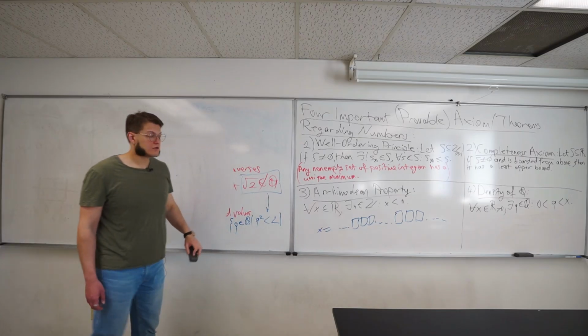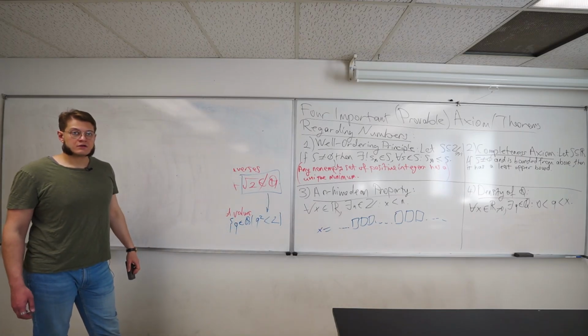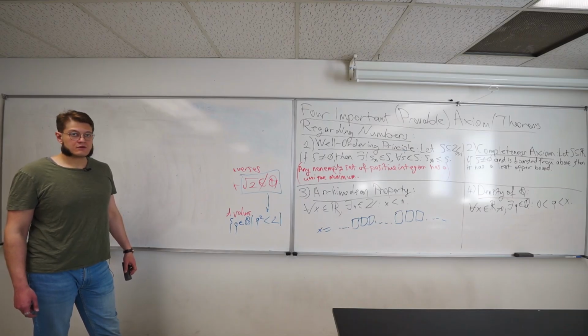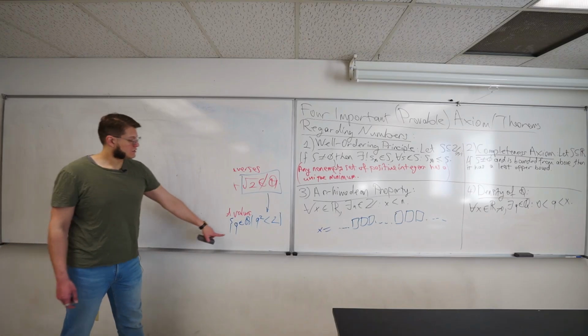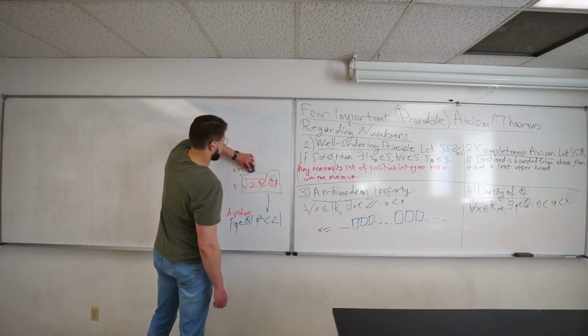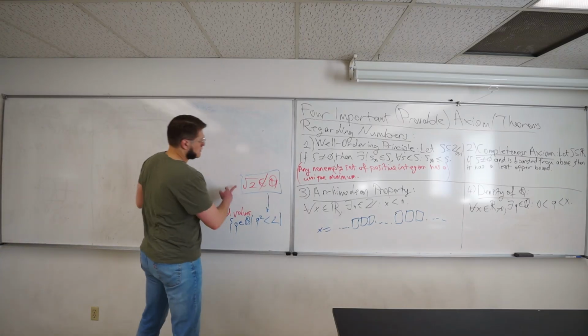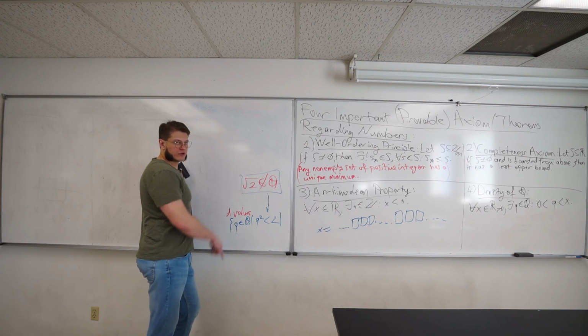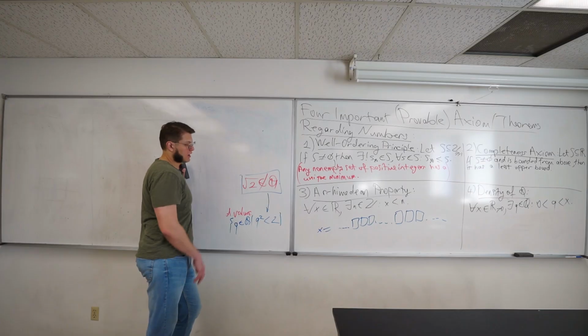Before you erase it, here, square root of 2 is not in Q. Yes. Then you point to the blue color, what do you mean? I wrote this statement as I was talking about different number systems. This, I said, is one of the reasons why we switch from Q to reals.